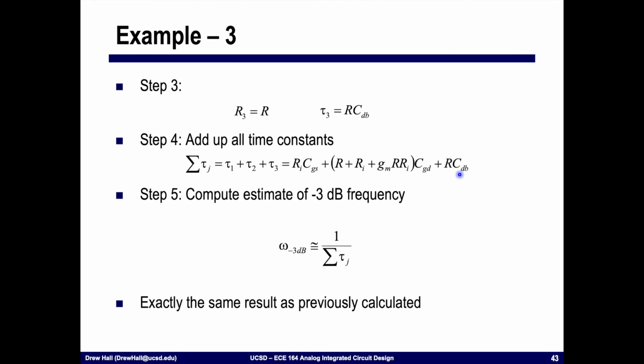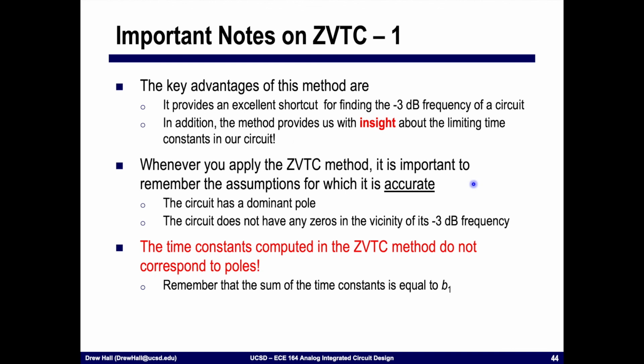Here, if I wanted to increase the bandwidth, I know exactly which time constant is the limiting time constant, and I can go in and address that time constant specifically. This tells me exactly which knobs to turn in order to increase the bandwidth, rather than having to turn all of these knobs simultaneously.